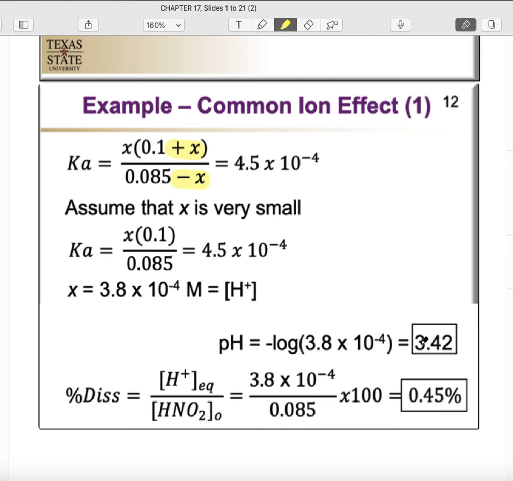The pH before, in the absence of the common ion effect, was 2.2, while now we have 3.42. So as we expected, the overall dissociation of the acid was suppressed, and therefore we had a lower hydrogen ion concentration, which leads to a higher pH, because lower hydrogen ion concentration means that we have a less acidic system, and therefore the pH is going to be higher. So I wanted to make sure that you guys saw that.